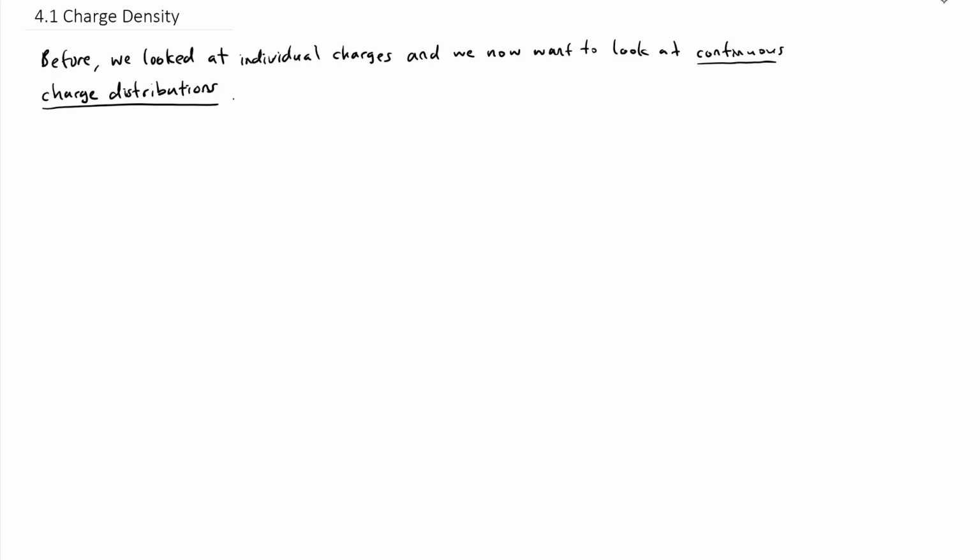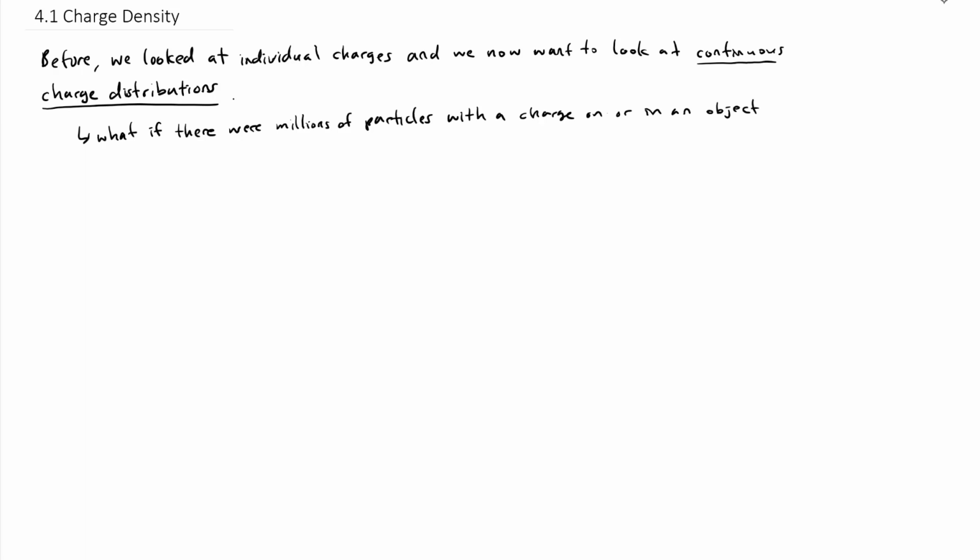So what does this even mean? It basically means, what if there were millions of particles with a charge on or in an object.